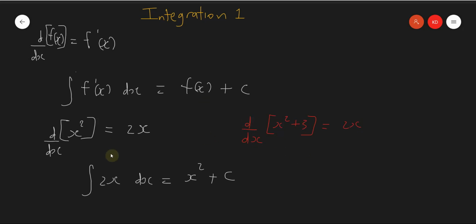Also, 2x is the derivative of x squared by itself. If we should differentiate x squared plus 10, look here, you have it again, the derivative is also 2x. So what we're saying is, when we integrate 2x, yes, we're going to get x squared, but just writing x squared does not account for the possible constant that the original function may have, right? So we add a constant in order to account for that.